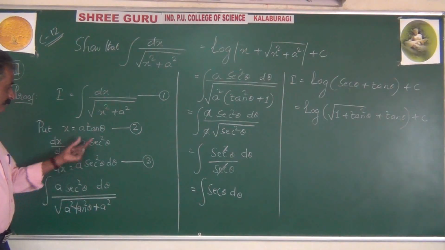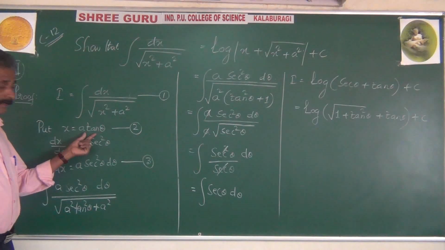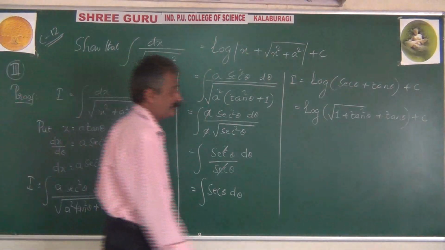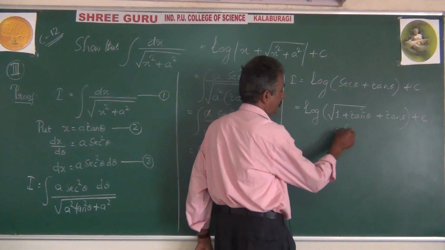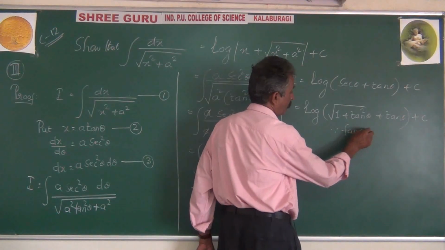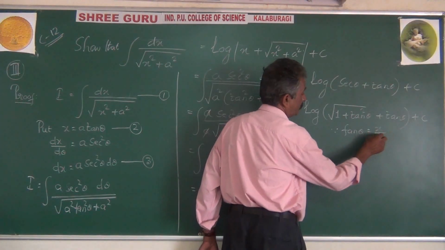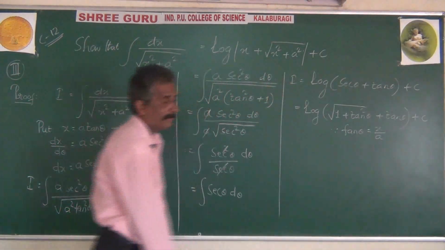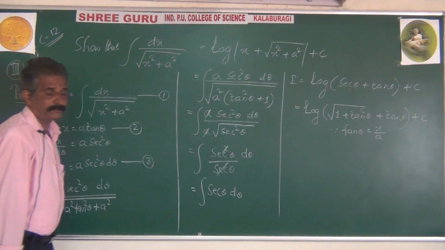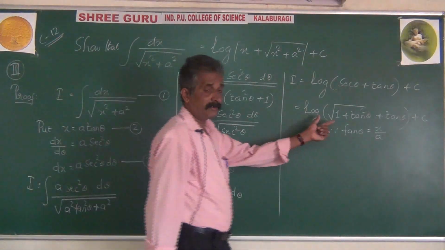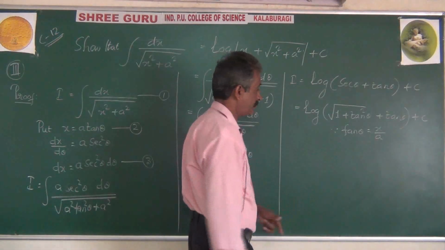So from 1 we can write tan theta as x by a, since tan theta equals x by a from 1.